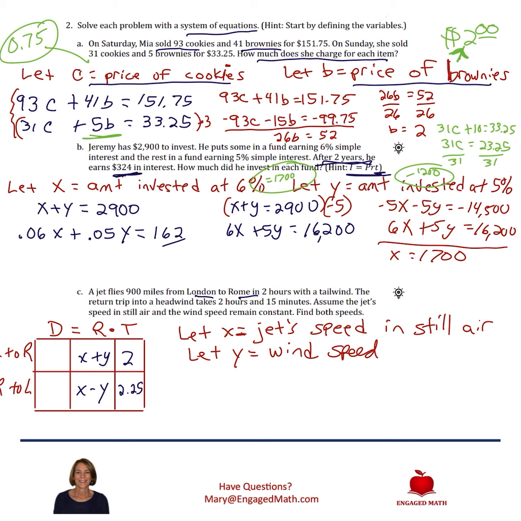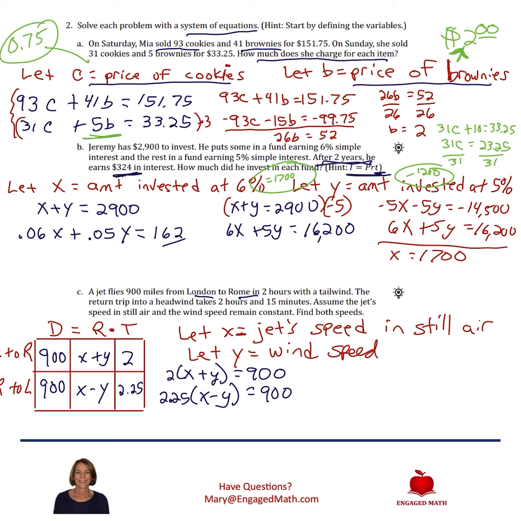So what we know is we could set up two equations. Rate times the time is equal to the distance, which is 900 in both cases. So I'm going to write our first equation as 2 times x plus y, rate times time equals distance. And then on the way back, it's going to be 2 1/4, so 2.25 times x minus y equals 900.